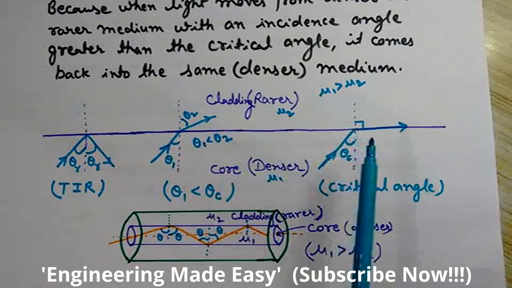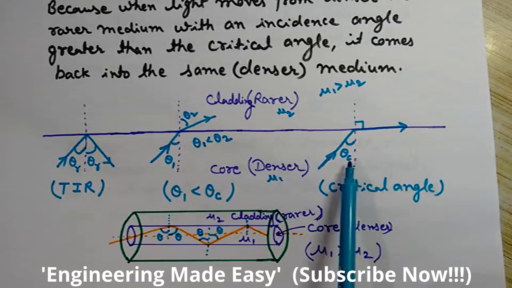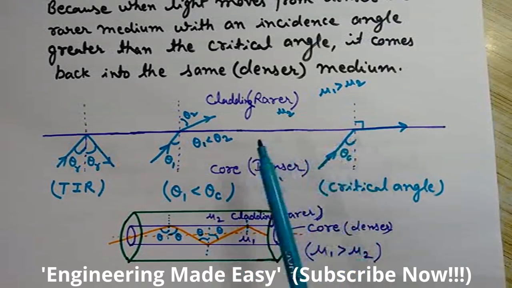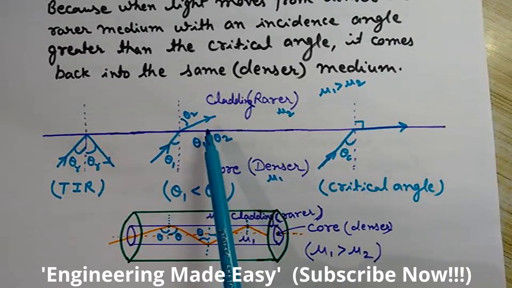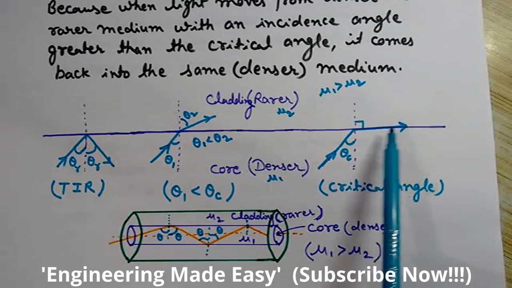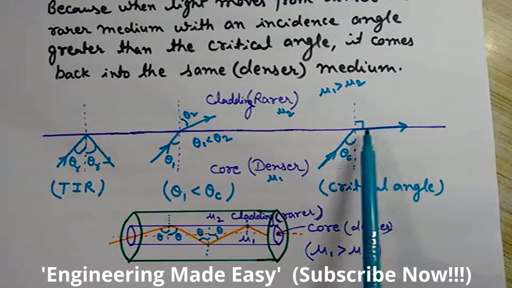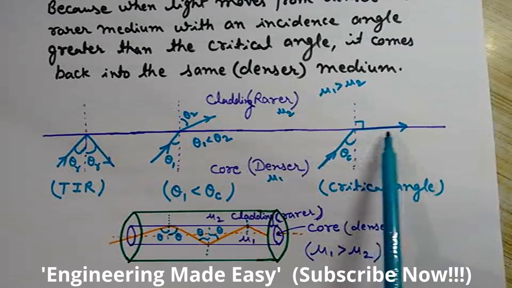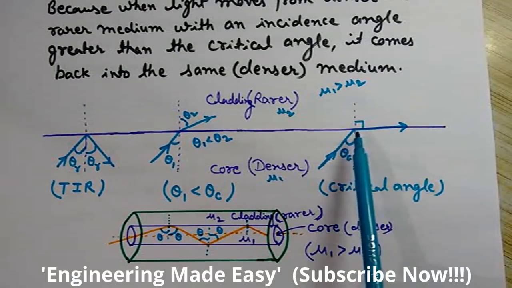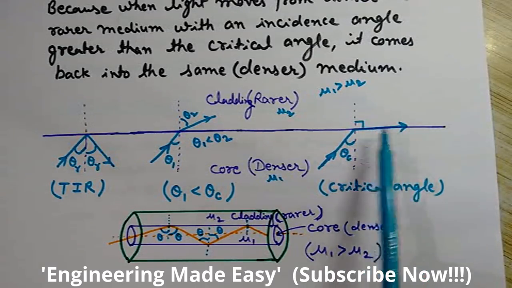At some point we reach the critical angle, where the refracted ray moves parallel to the interface surface of the two mediums. This incidence angle is called the critical angle, where the other part goes along the surface.